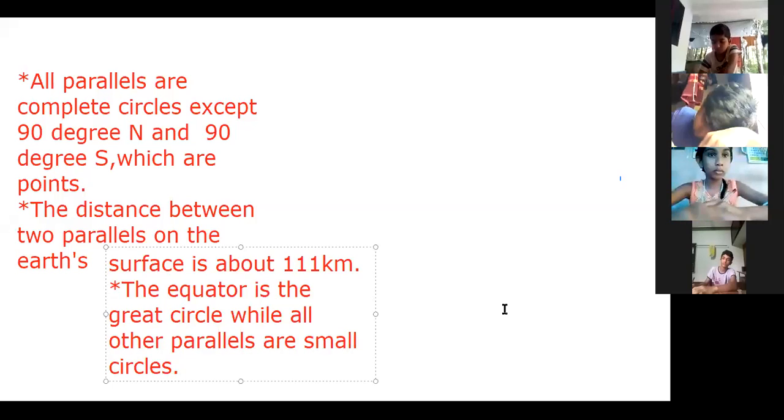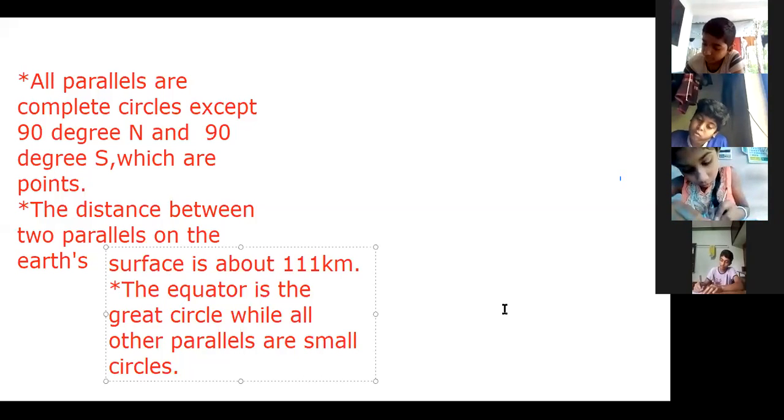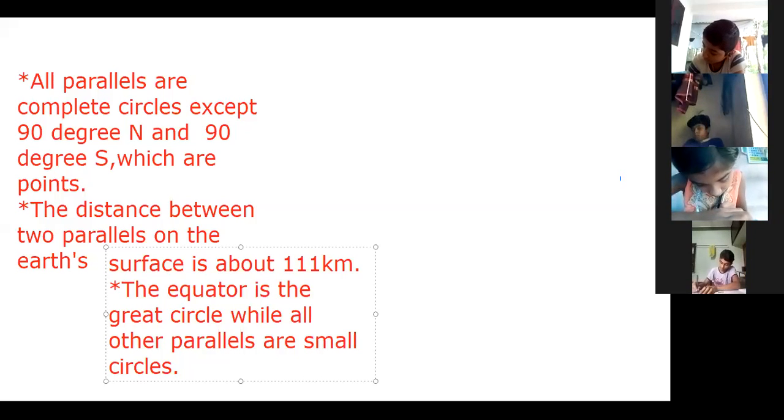Next question. What are the main characteristics of the meridians? Answer, please write down.